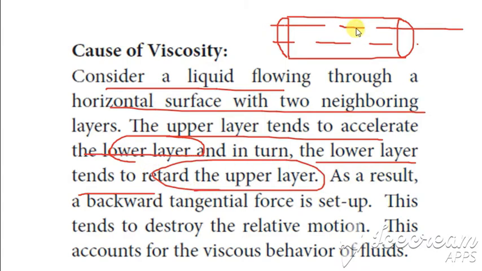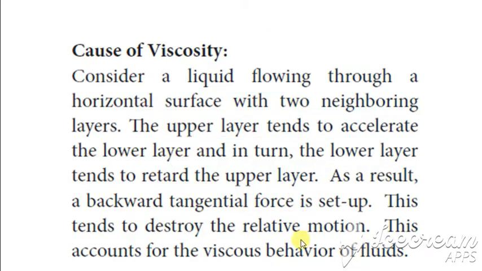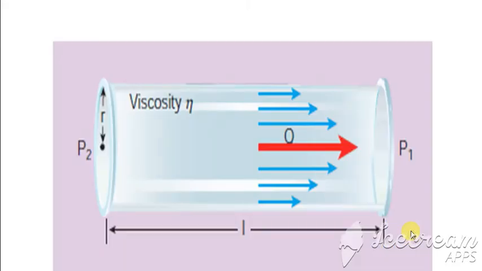The upper layer accelerates the lower layer so that it can move faster, and the lower layer in turn retards the upper layer, making its velocity constant. As a result, a backward tangential force is set up, and this leads to the viscous behavior, and there is viscosity.